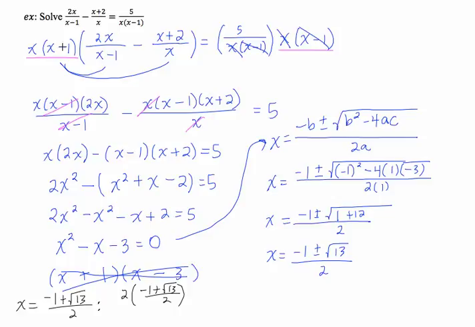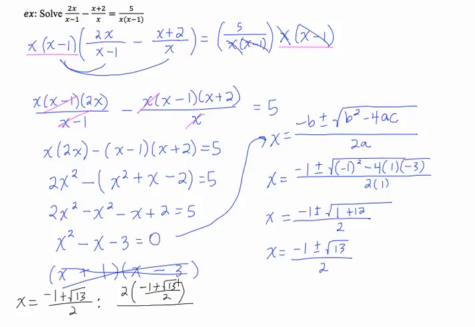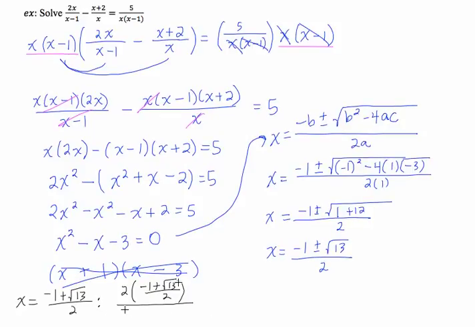That's this 2x over x minus 1, minus x plus 2, which would be negative 1 plus radical 13 all over 2 plus 2 over x.